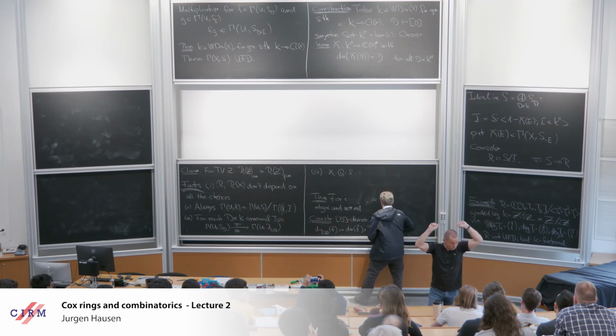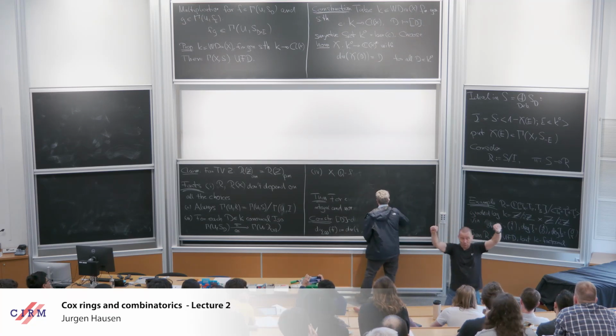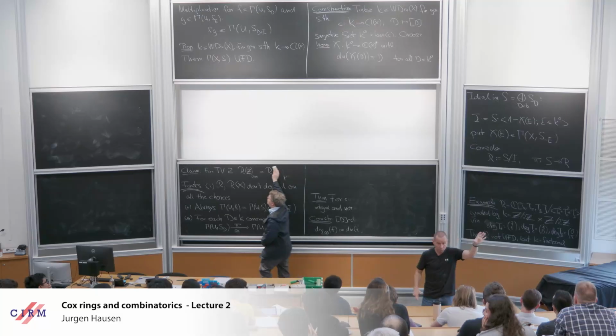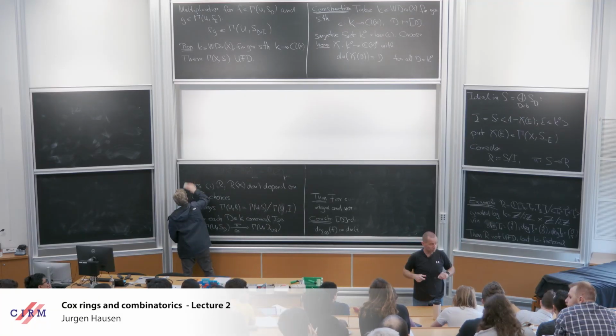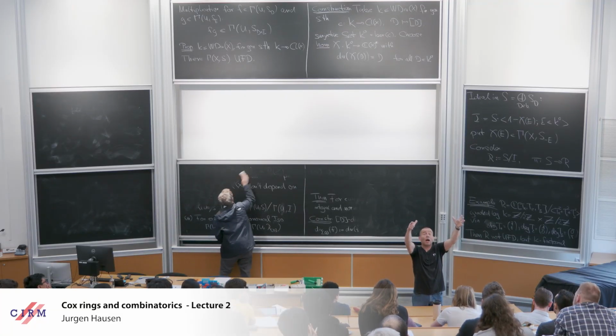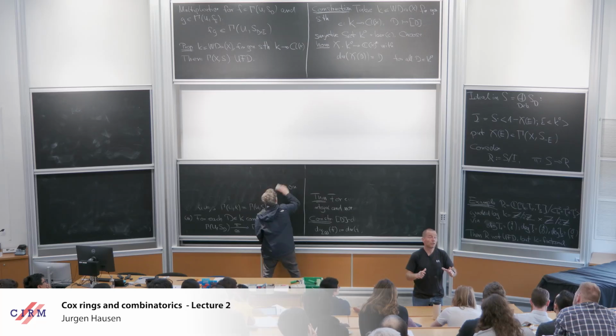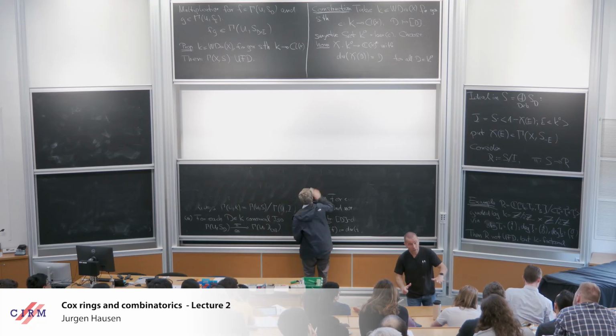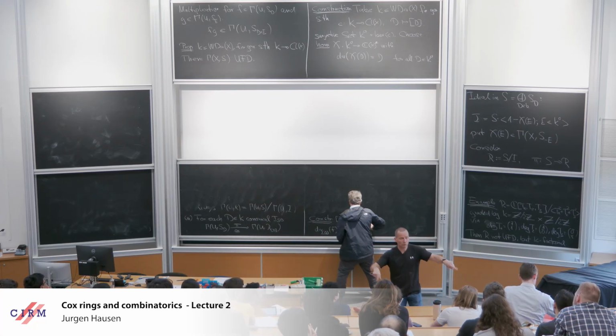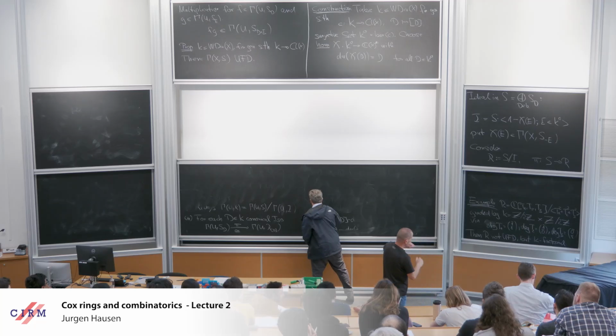And we have a graded version of this Nagata theorem. You take k-primes, localize by them, and then go to the degree 0 part. If the degree 0 part is factorial, then the whole ring is. So let us do this.